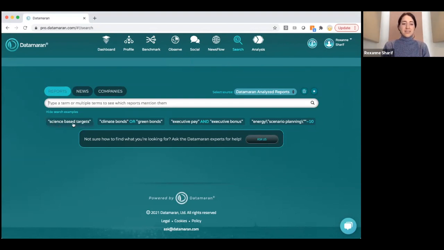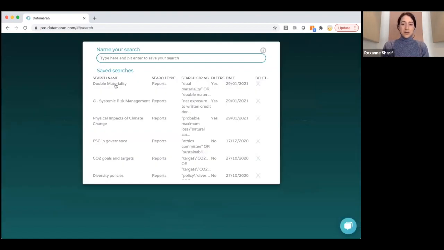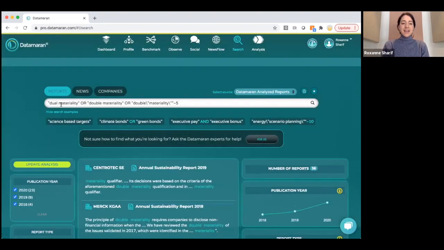So, some examples below of other search queries you can include. In this case, though, I have saved a query. Again, looking for any mention of dual materiality, double materiality, and then this last query here is a proximity query. So looking for the term double within 5 words of the term materiality.